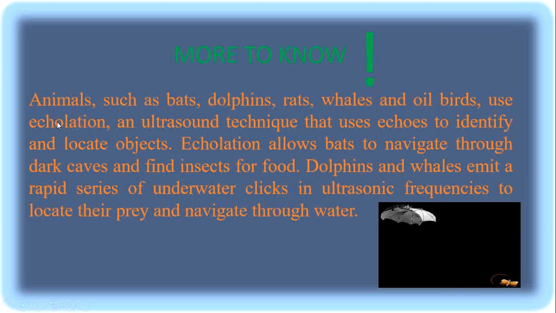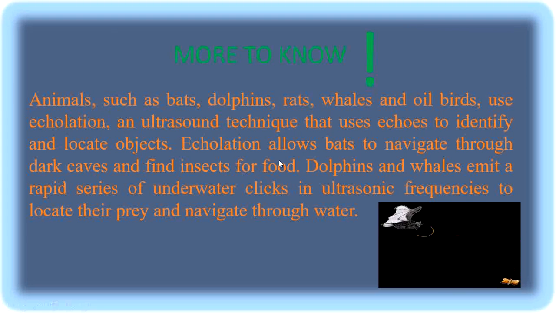What is called echolocation? Echolocation is a physiological process for locating distant or invisible objects by means of sound waves reflected back to the emitter by the object.